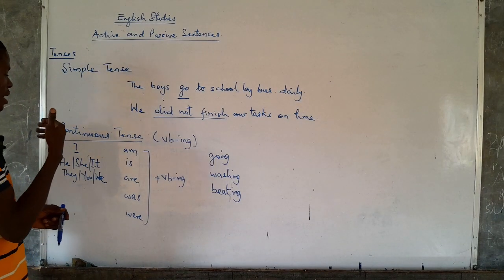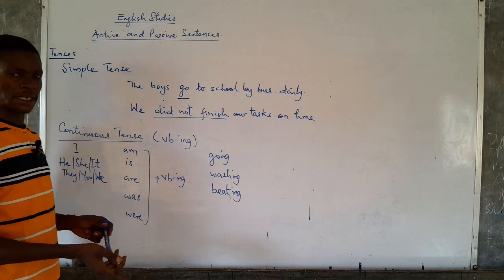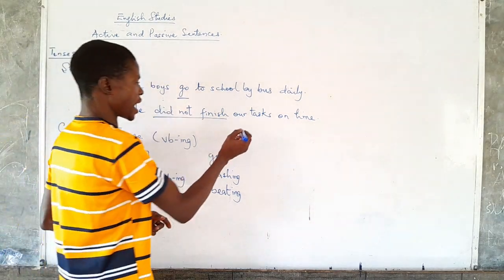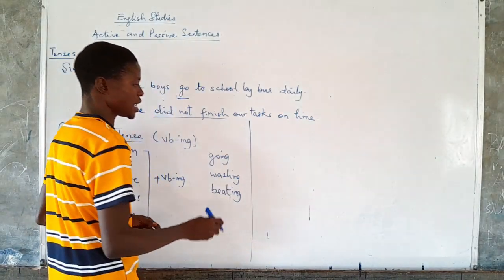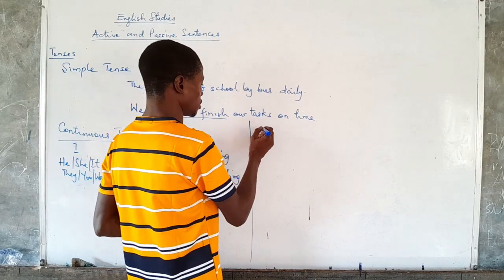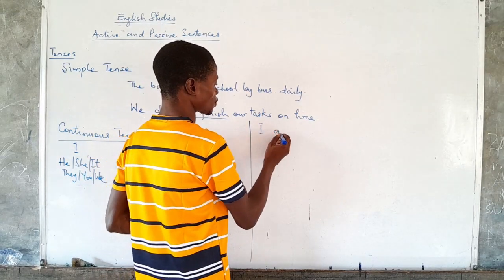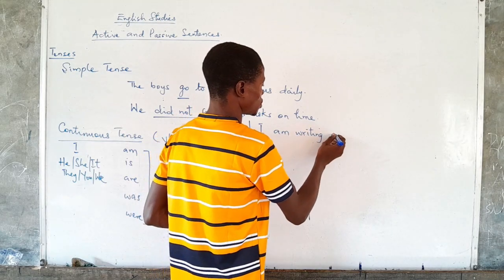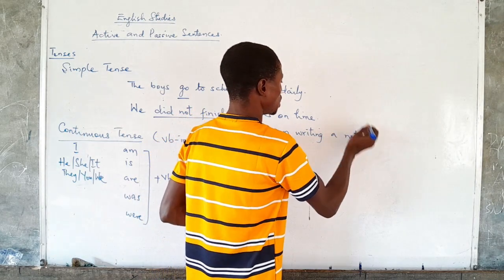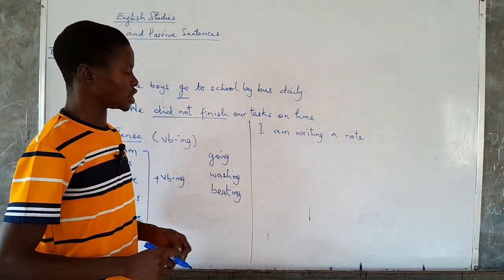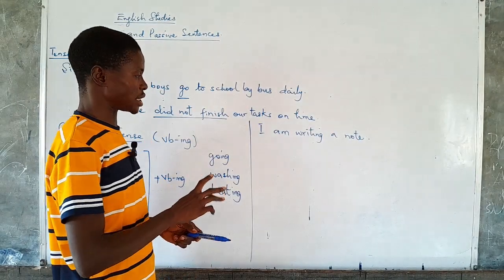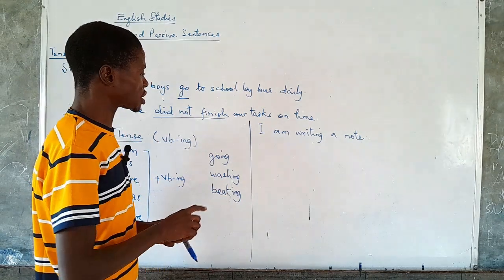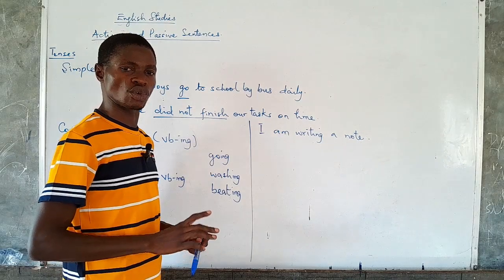When we say, I am writing, we're saying basically that at the moment, I am not done with the writing, I am still writing. If we have this, we say that this is a present progressive tense, or what is called present continuous tense.